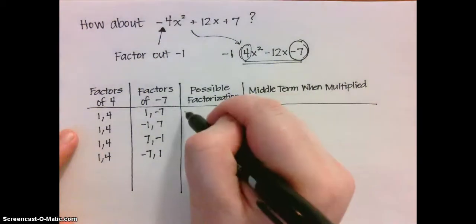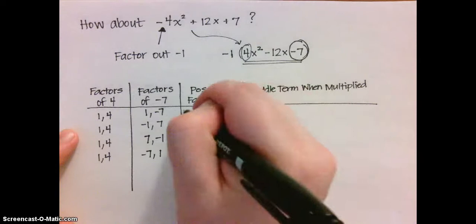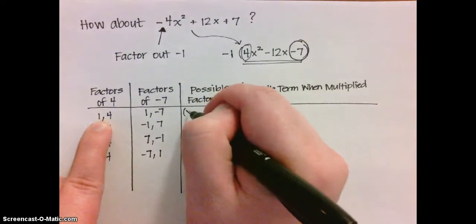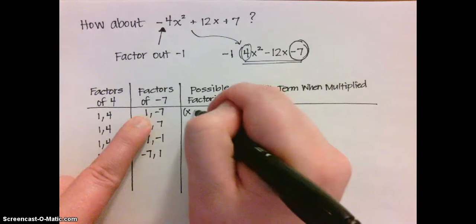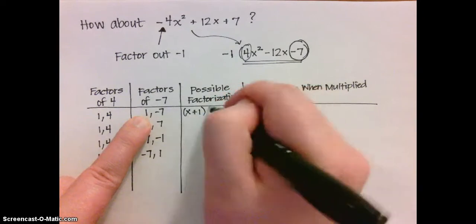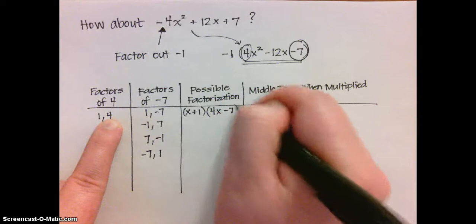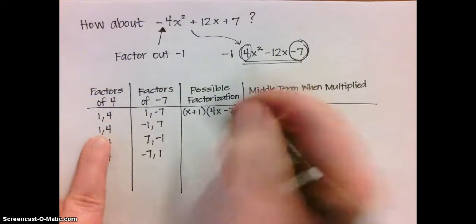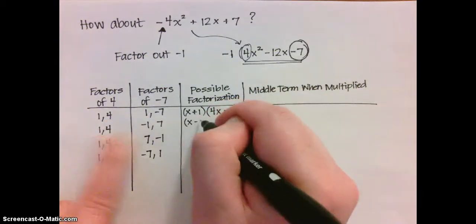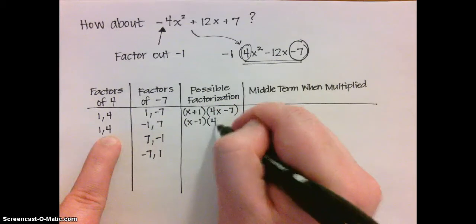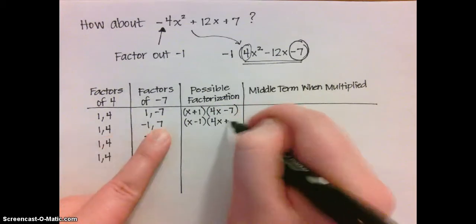So some of these possible factorizations, let's see. I can have x plus 1 times 4x minus 7. That's one possibility. Second one, x minus 1 times 4x plus 7.